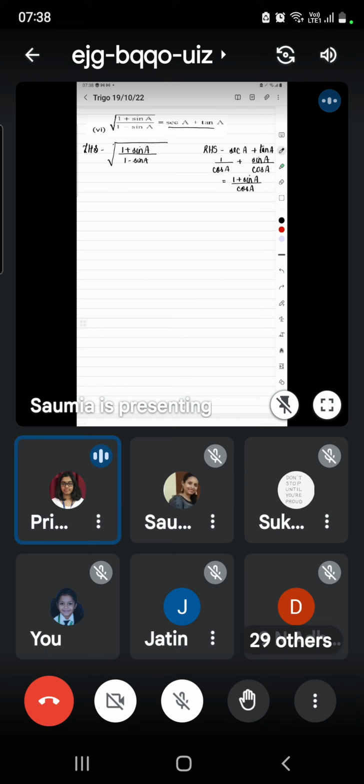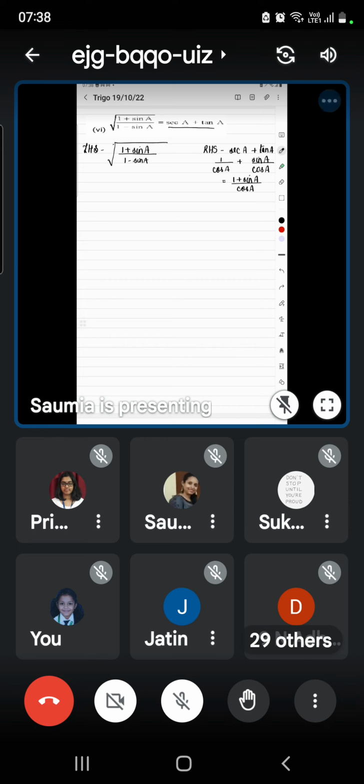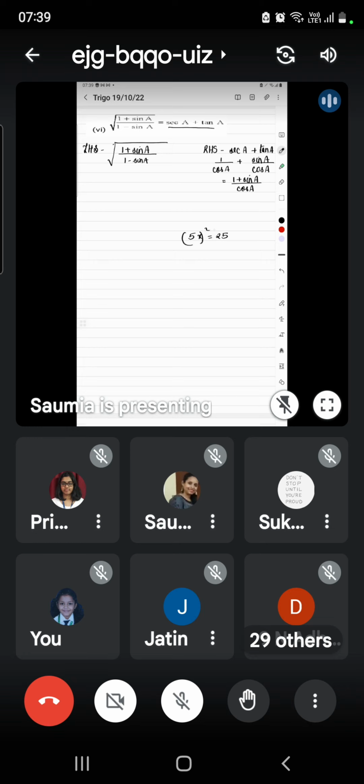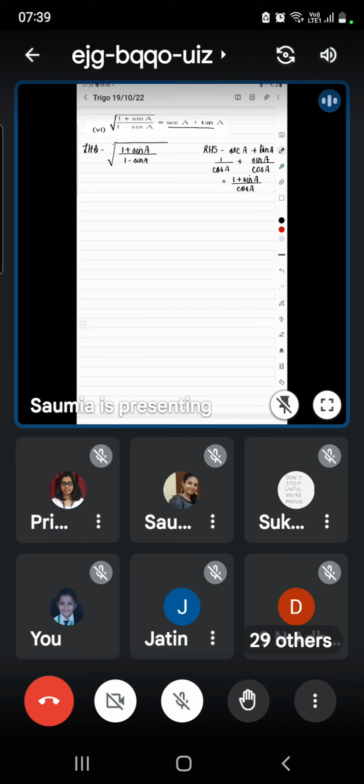And can we do square? How can we square? Only if I have an equation like 5x equal to 25, then I can square on both the sides. But a single expression cannot be squared on its own. The value will change. Now, look inside the square root. What do you have?